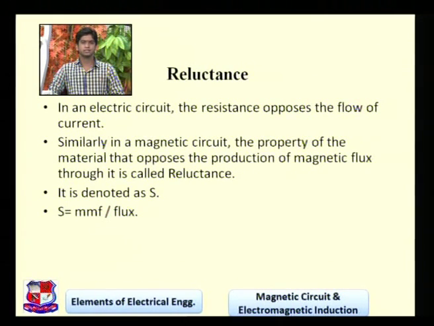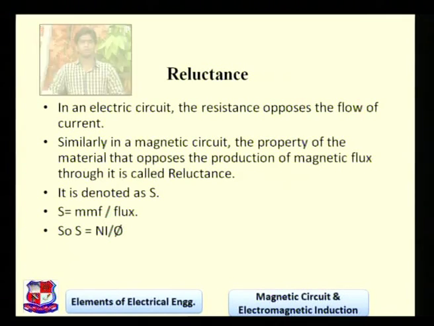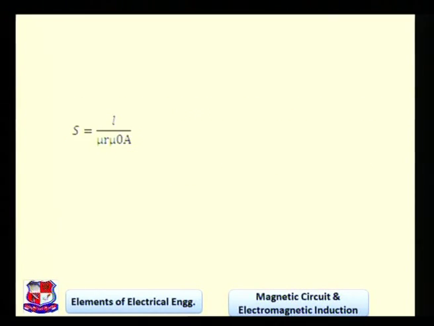It means the reluctance is equal to magnetomotive force by magnetic flux. Magnetomotive force is given by N into I, which is number of turns into the current, and flux is given by phi. So we can say that S is equal to Ni by phi. Here we have another equation, S is equal to L by mu 0 into mu r into A.